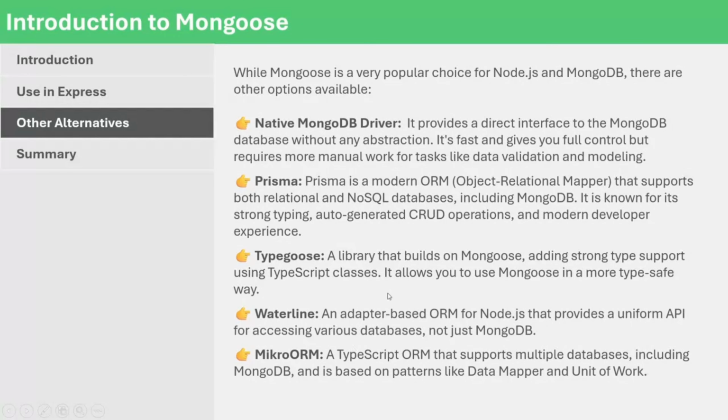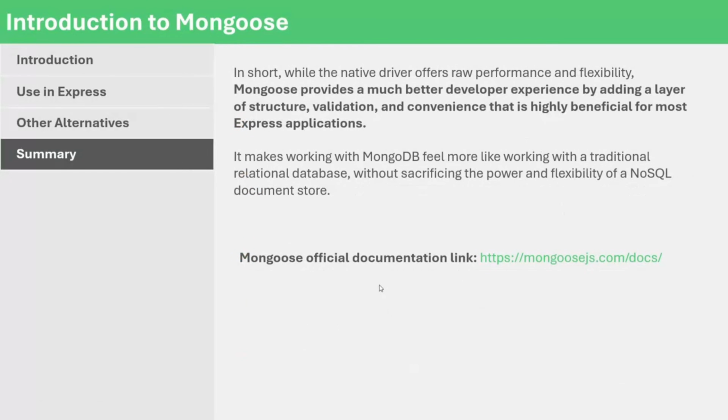In short, while the native driver offers raw performance and flexibility, Mongoose provides a much better developer experience by adding a layer of structure, validation, and convenience that is highly beneficial for most Express applications. It makes working with MongoDB feel more like working with a traditional relational database without sacrificing the power and flexibility of a NoSQL document store.